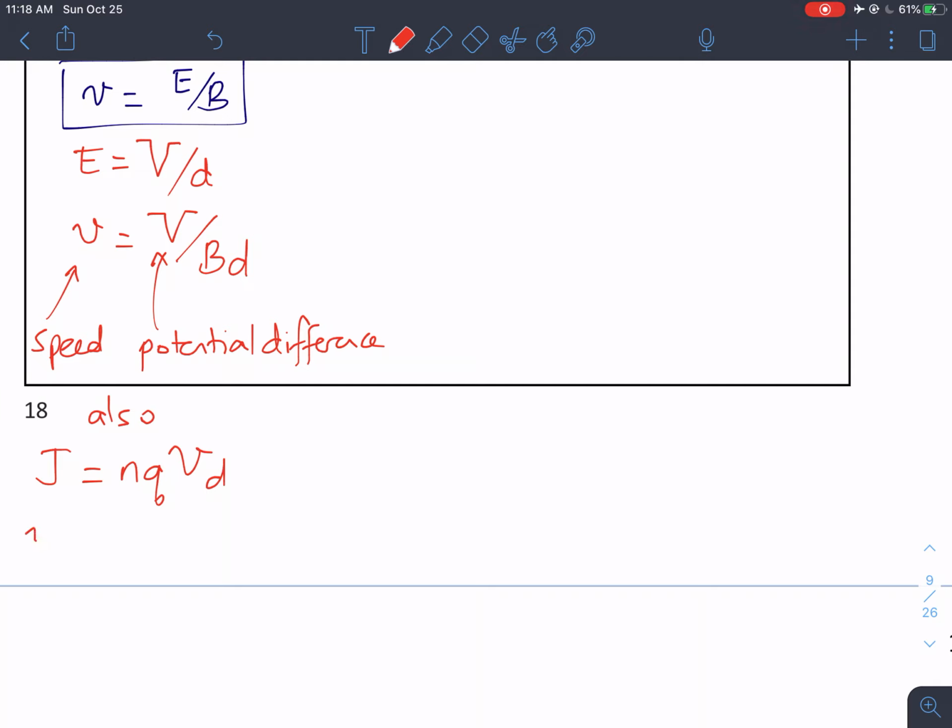And then we already know that current density is current over cross-sectional area. And again, that's equal to n Q V D. So we're putting what we learned from chapter 26. And V D is, if you pull that from here, the same thing as V in our equation, that's speed. And that's equal to current divided by n Q A, right?